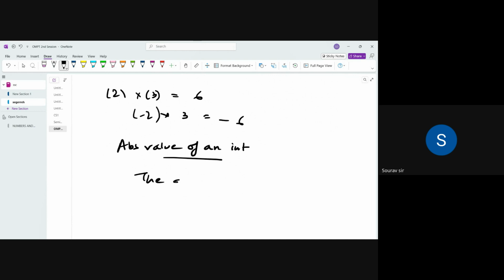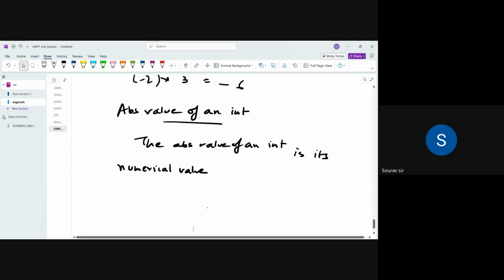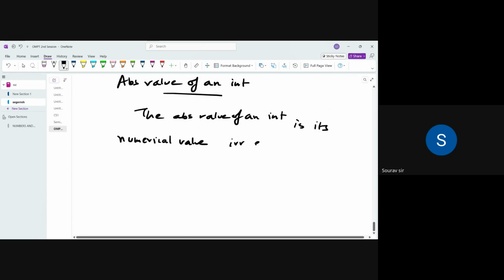The absolute value of an integer is its numerical value, always. Its numerical value irrespective of its sign.